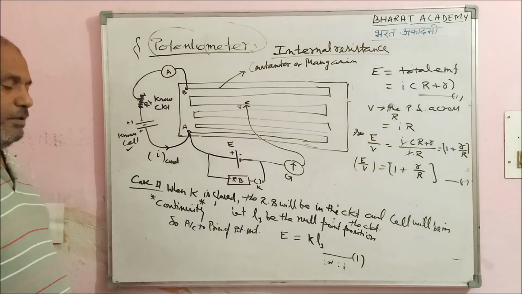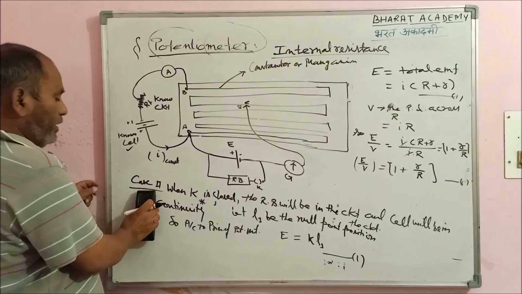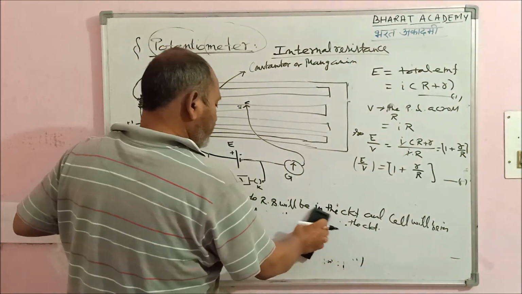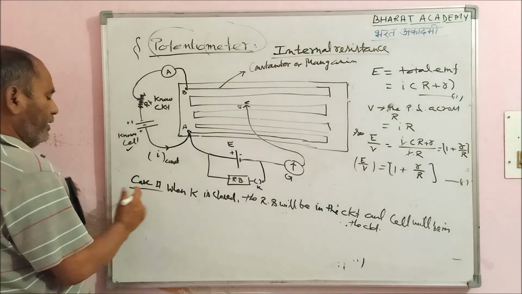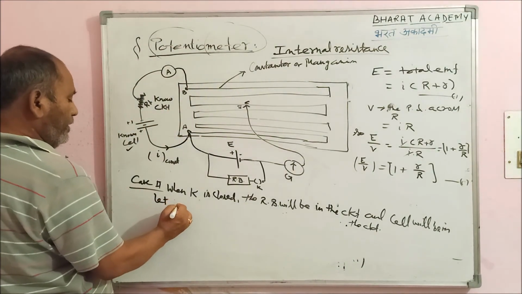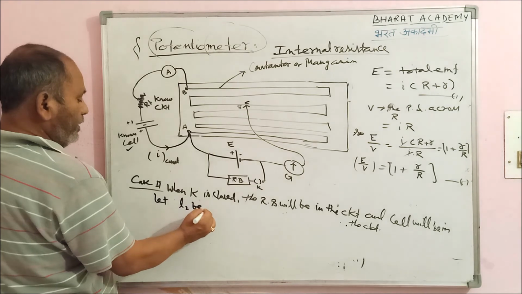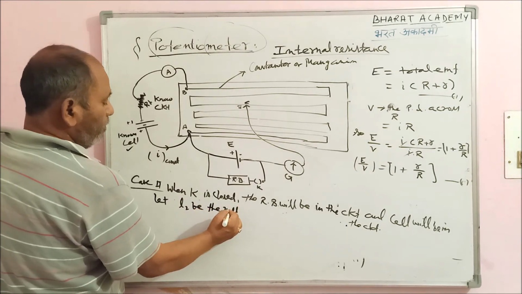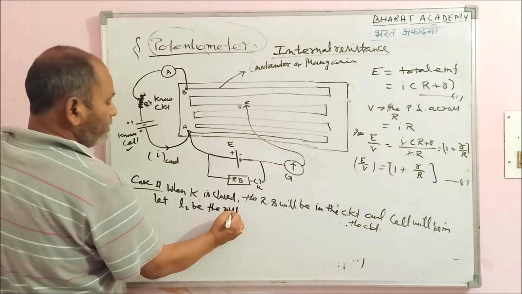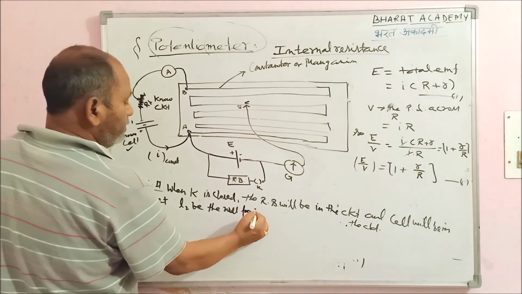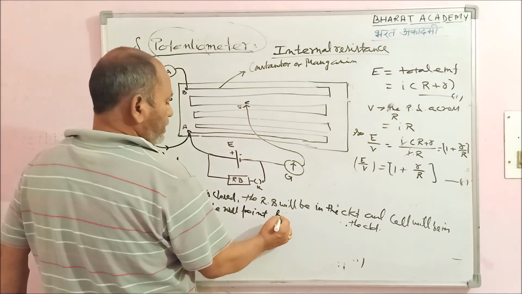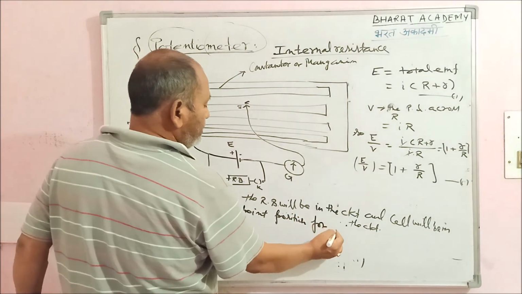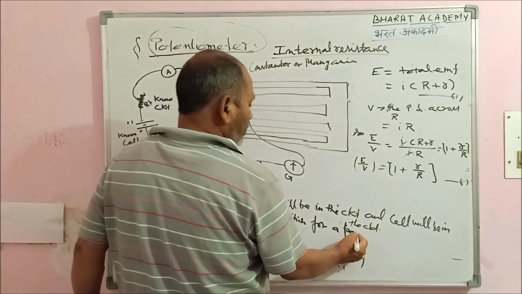And we will try to find out the null point position. Let L2 be the null point position for a particular value of R.